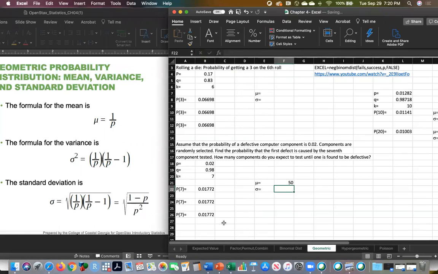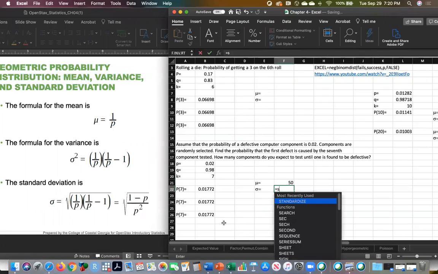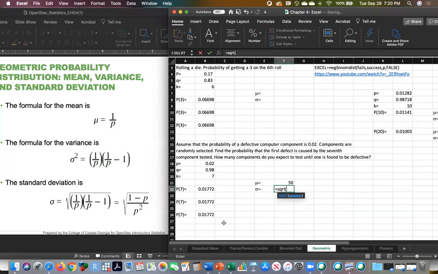And my standard deviation is going to be equal to the square root of, remember, we can use Q or 1 minus P, so I can use Q here. Q divided by P, which is raised to the power of 2, right? So that is my standard deviation, okay? So I can do the same with this and find the mean and the standard deviation.